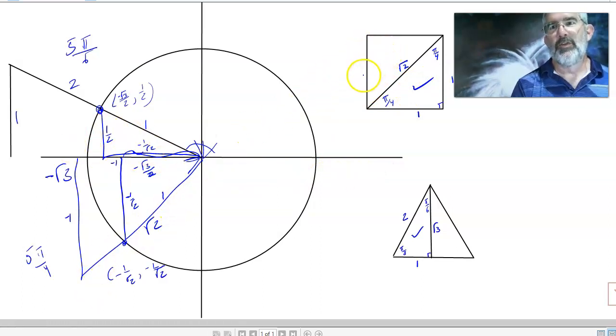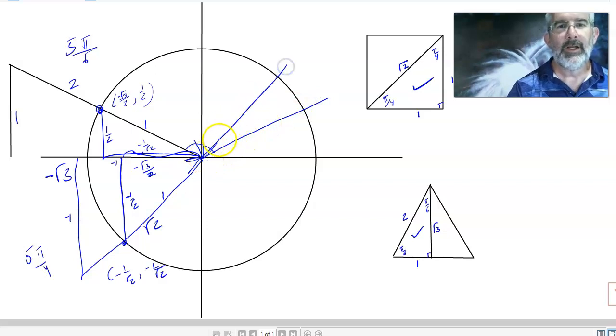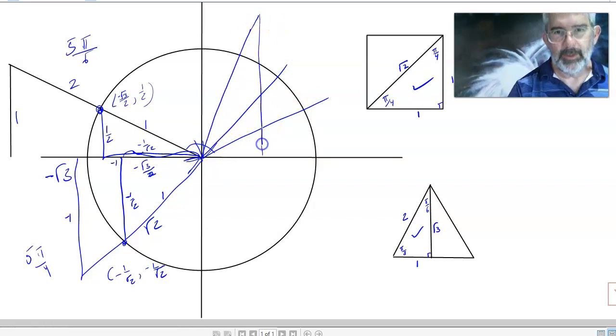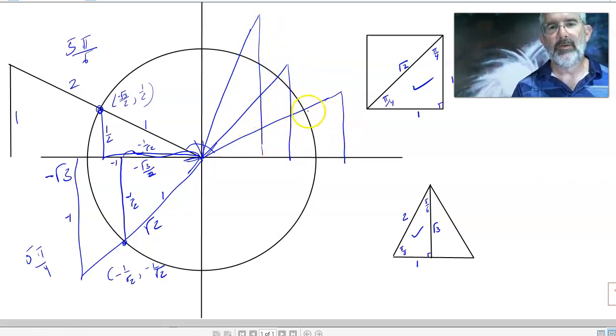There are 3 nice angles in each quadrant. There's your pi over 6, there's your pi over 4, and there's your pi over 3. Each one of them, drop a perpendicular down to the x-axis and recognize, oh, this one right here, it's this triangle down here, but with the pi over 6. The next one would be this one with the pi over 4 right there.